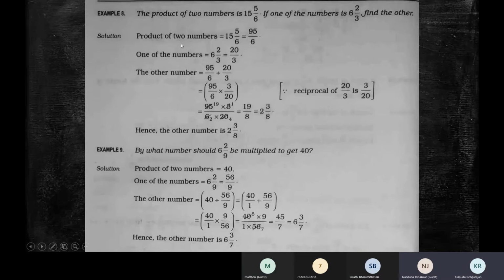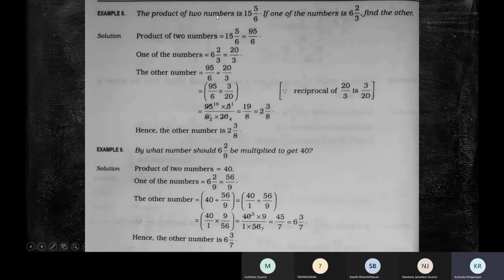Okay. So again, whenever we are handling a word problem, take some numbers to understand the situation. Like you can say the product of two numbers is 100. The product is the answer you get on multiplying two numbers.